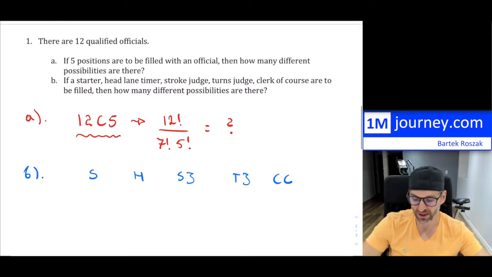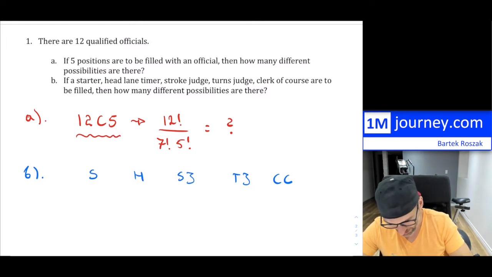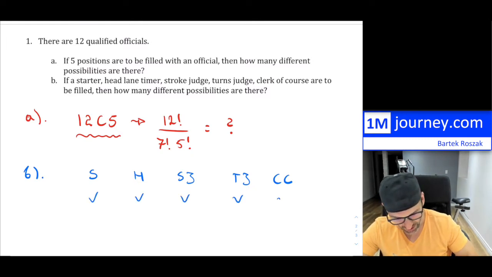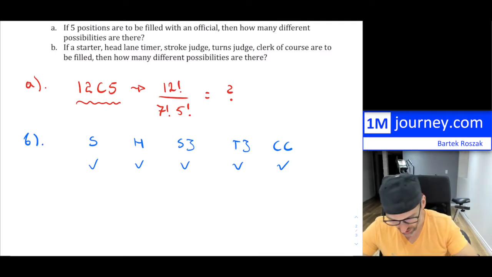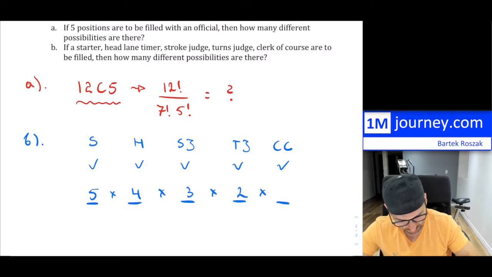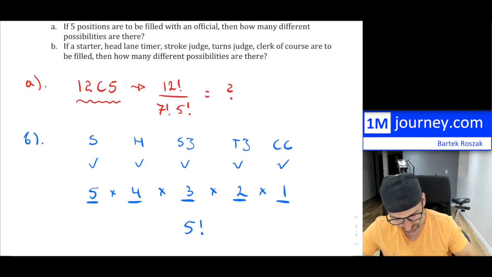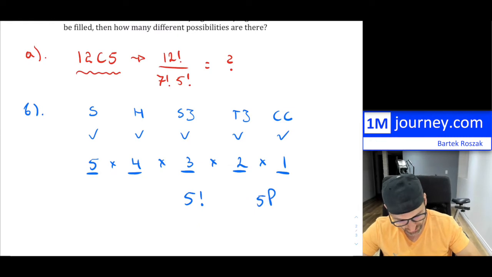Now, imagine you didn't have 12 officials, only 5. You have 5 different positions to fill, so order does matter, because one official can be a starter and another one can be a clerk, and they can swap, and so on. If we only had 5, we would say 5 multiplied by 4, multiplied by 3, multiplied by 2, multiplied by 1, which is just 5 factorial, or 5P5.